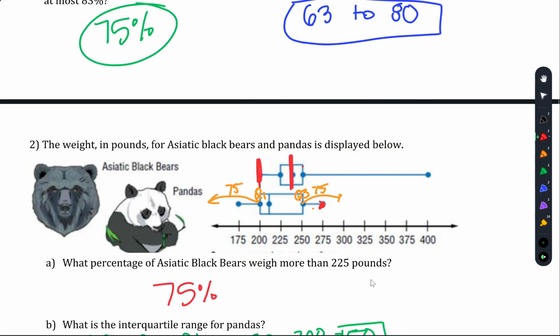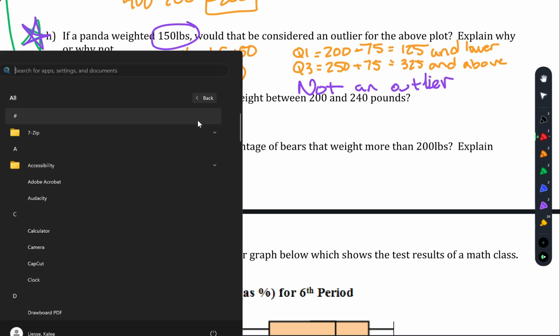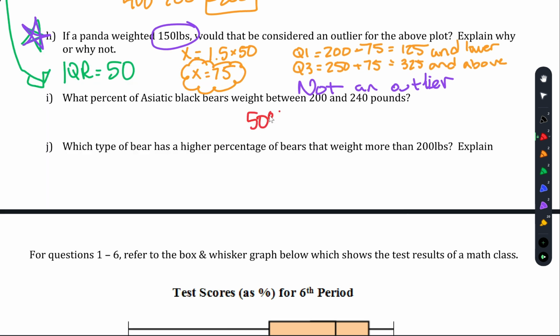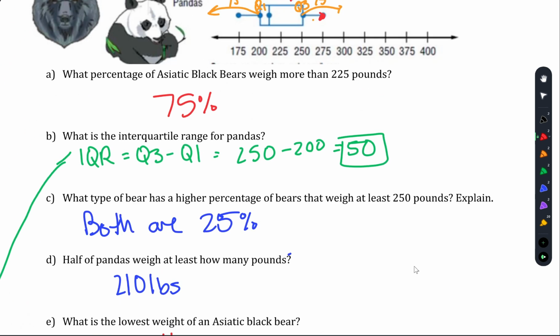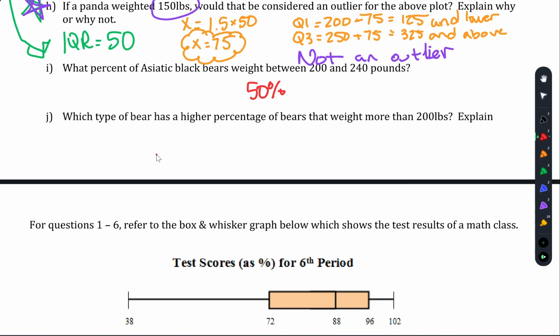How many sections of my graph am I looking at? 2 sections. Each section is 25%, so that's 50% of the data. And then which type of bear has a higher percentage of bears that weigh more than 200 pounds? The black bears. Because what percent of black bears weigh more than 200 pounds? 100%. Any questions on this?